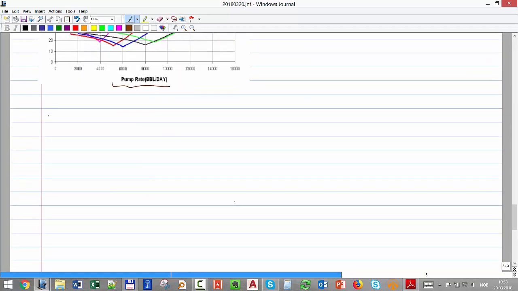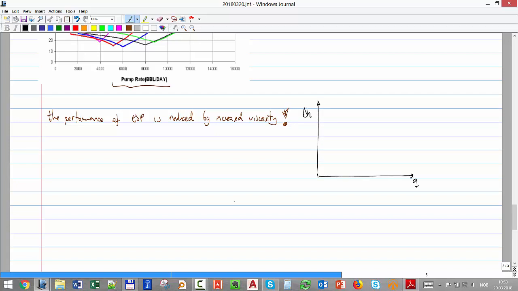The performance of ESPs is affected, or reduced, by increased viscosity. Very important. Again, I'm going to put this plot up, you're going to get tired of it. If this is for viscosity equal to 1 centipoise, that will be for water.